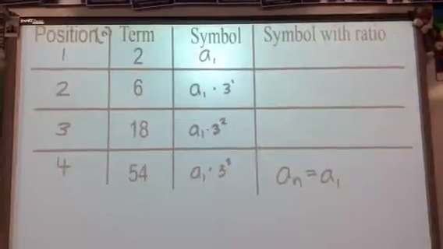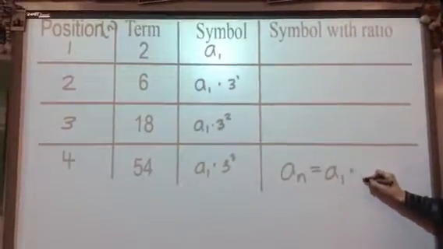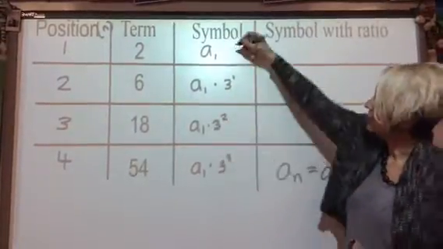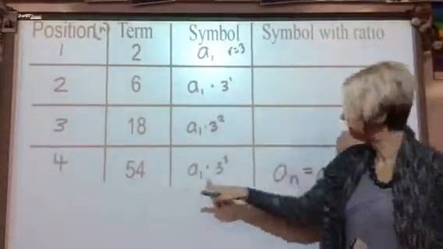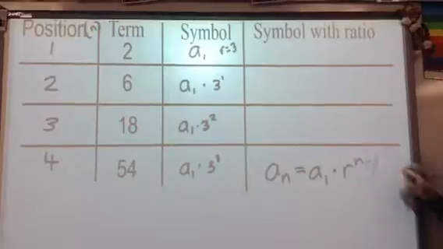So a sub 1 times r, so I'm going to put a dot for times, r, and that's the common ratio. In this case the r was equal to 3, right? Times 3 times 3 times 3. R to the power of n minus 1.